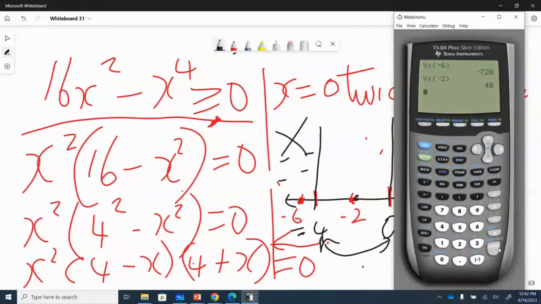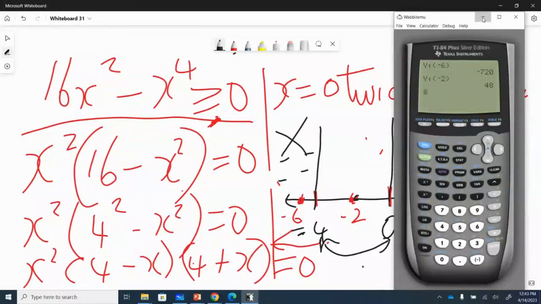Question: is 48 greater than 0? Anybody? Yes or no? Let me see if you follow what I'm saying. Is 48 greater than 0? Unmute yourself and tell me. Yes, great. The answer is yes.